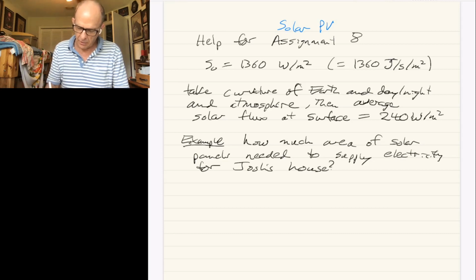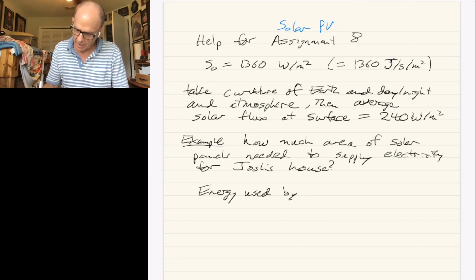So the first thing you need to do is know how much energy is that. The electrical energy used by my house is about 14,000 kilowatt hours per year.